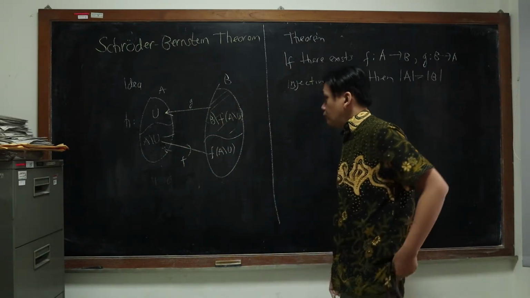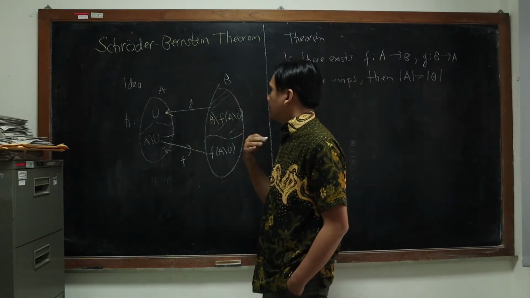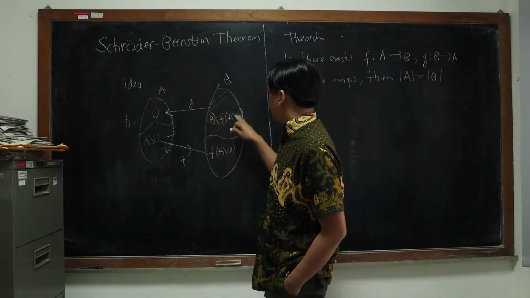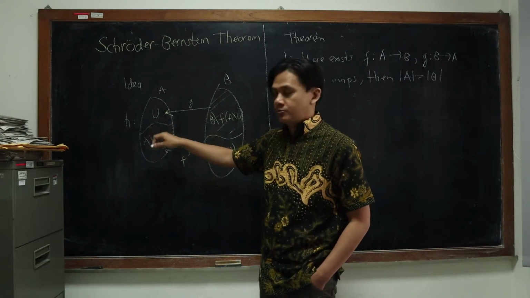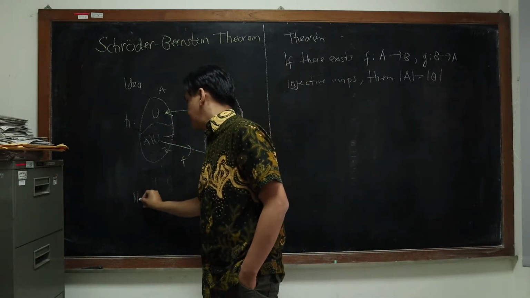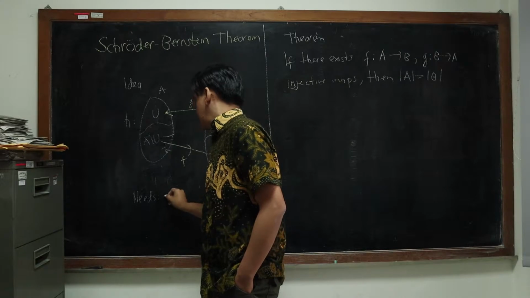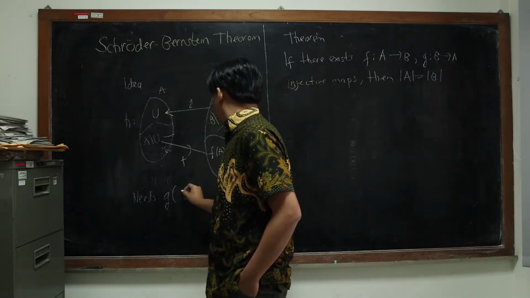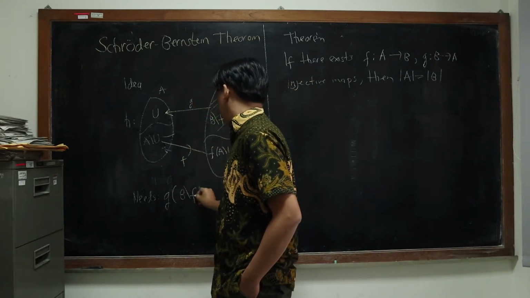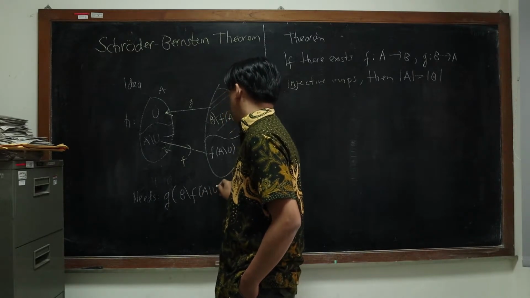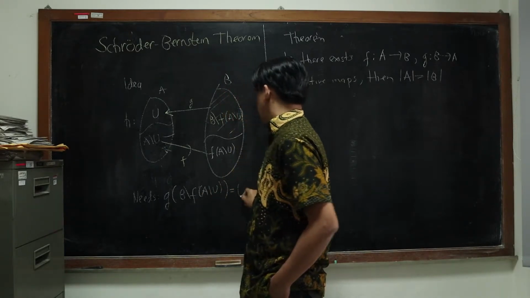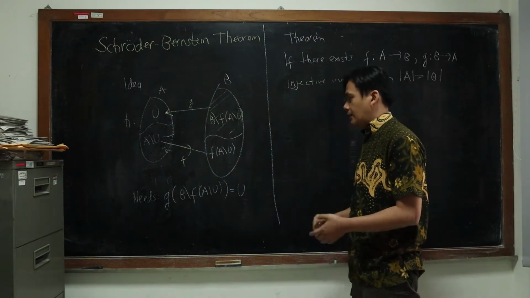But in order to do that, we need G of B minus F of A minus U to be equal to U. Okay?